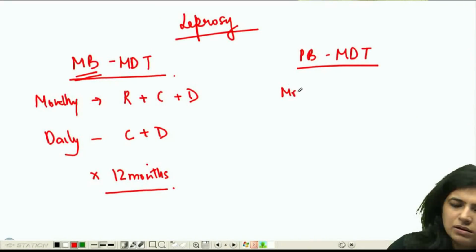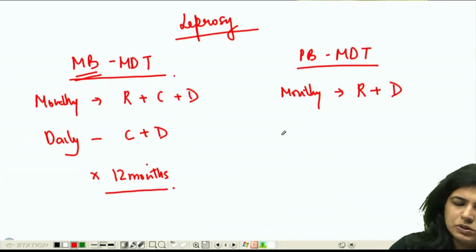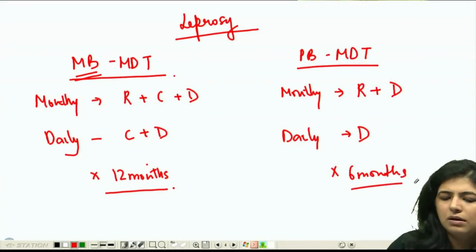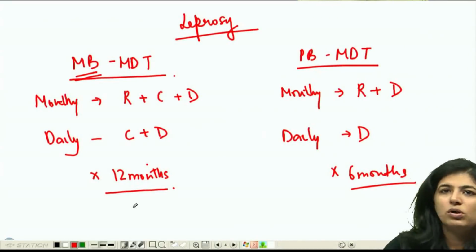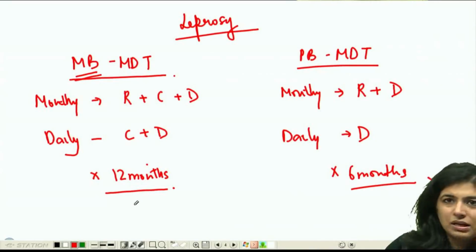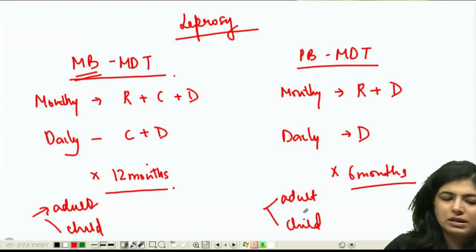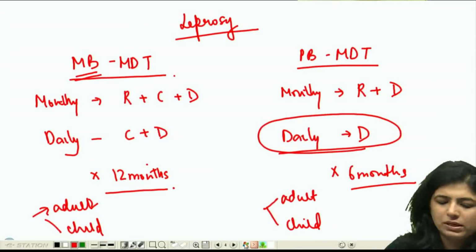In PBMDT, it will be monthly rifampicin plus dapsone, while daily will be only dapsone, to be given for 6 months. So this is what you have to remember. Remember the color of the kit. Both of these are there in adult and child. So remember that in PBMDT only daily dapsone is given.